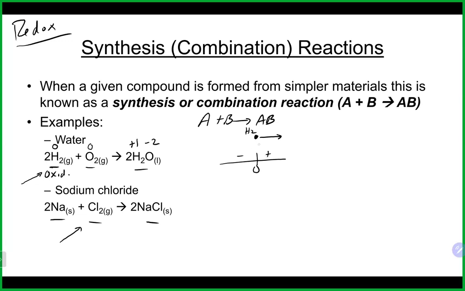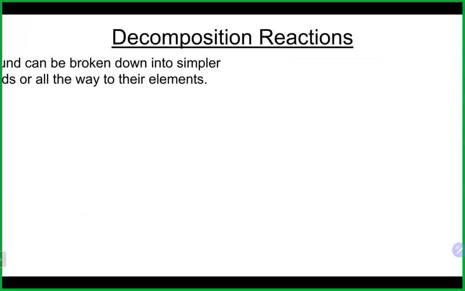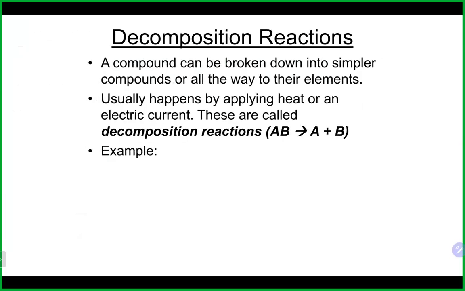The oxygen is starting at 0 and ending at -2, becoming more negative, and is the oxygen that is going through reduction here. So the big classification of this type of reaction is an oxidation reduction reaction or a redox reaction. A more specific way of classifying this reaction is a synthesis or a combination reaction.